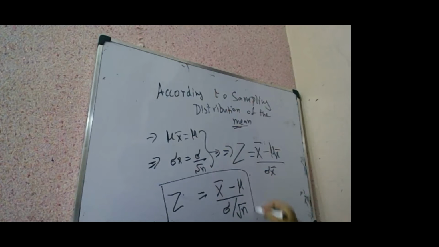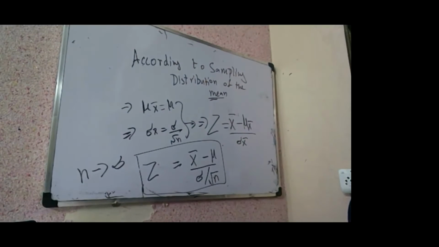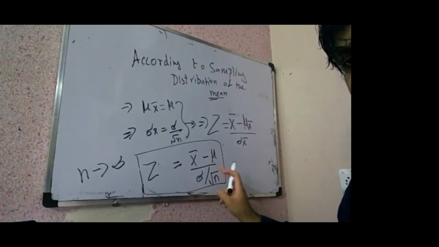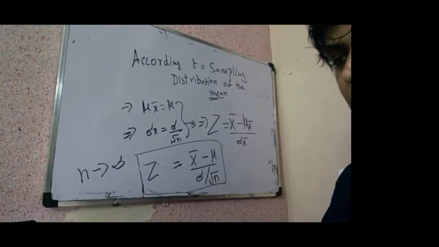So the central limit theorem states it this way: as n tends to infinity, any distribution becomes a normal distribution. Do you understand? Is it clear to you?